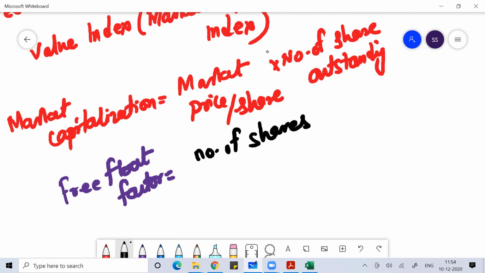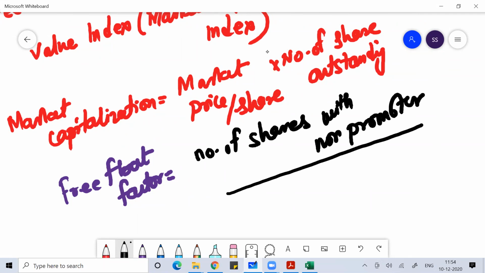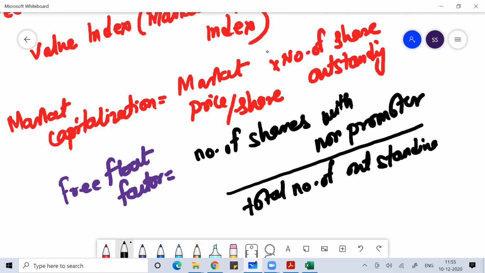So the free float factor is a fraction between 0 and 1, which talks about the number of shares with non-promoters, meaning the general public, retail customers or HNIs, divided by the total number of outstanding shares.